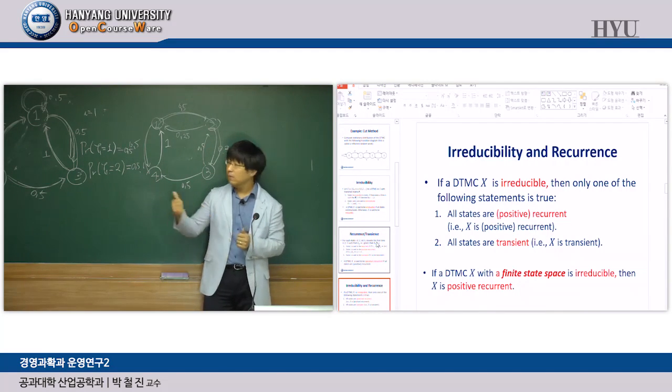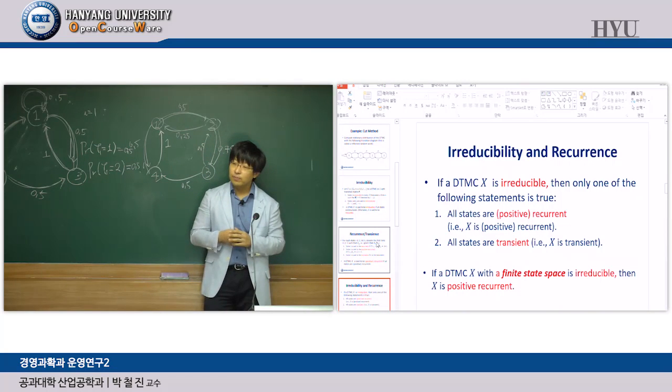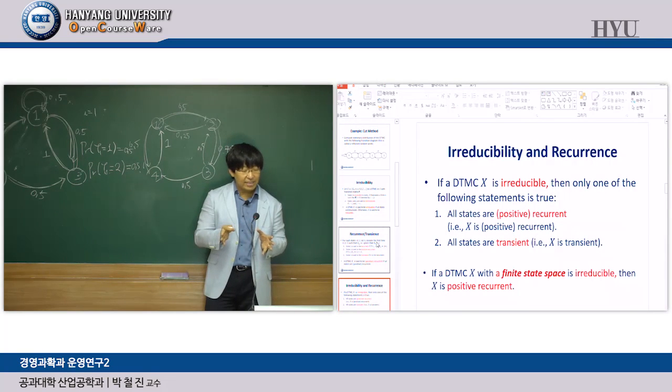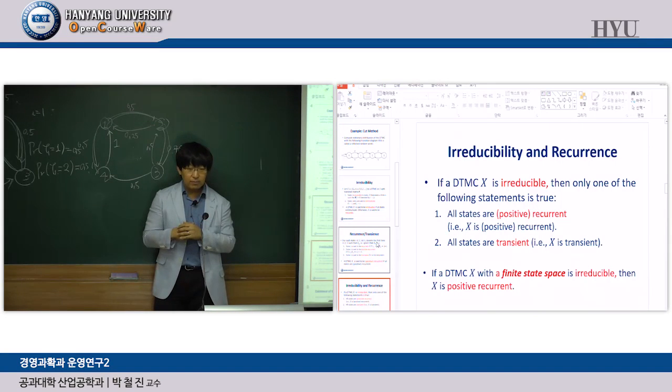What do you think about this chain? Irreducible? No. Reducible, right? So we don't use any concept about determining positive recurrence of the chain.